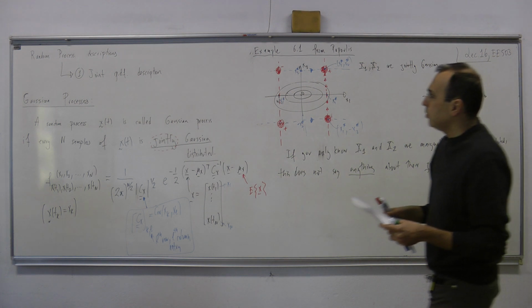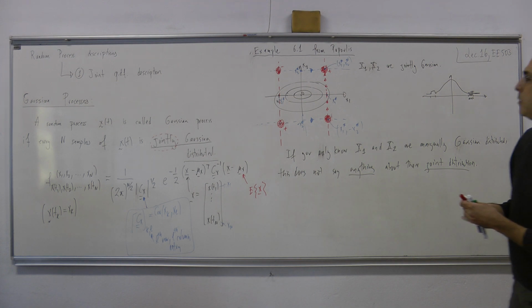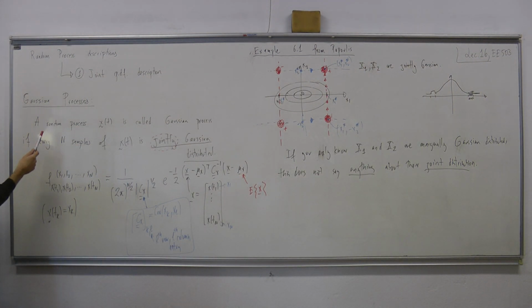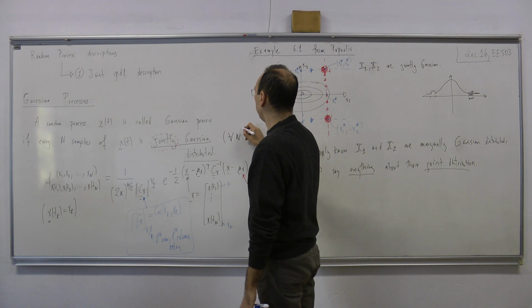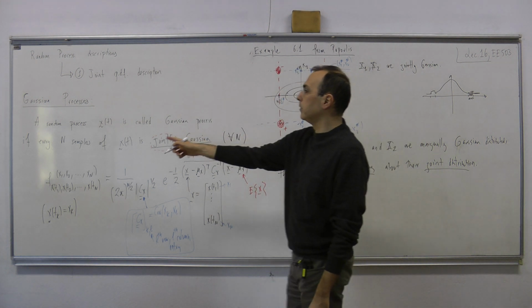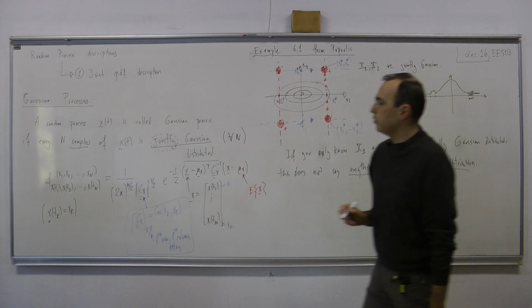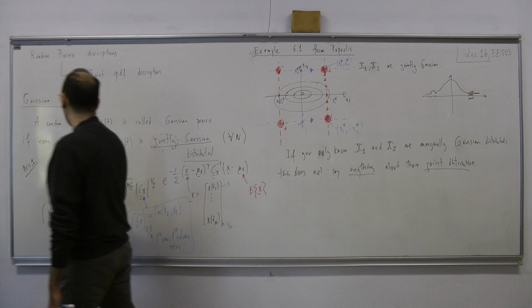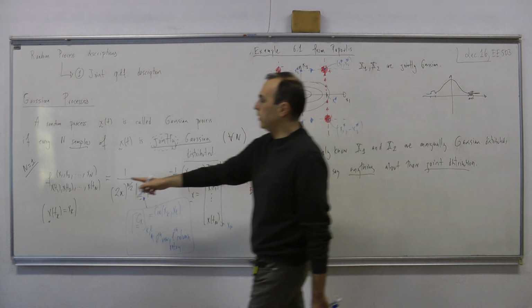Okay, so we have given this definition, but let me give one more. A random process x(t) is called Gaussian if every n samples of x(t) are jointly Gaussian distributed. This should be for all n and for all samples. So for n equal to 1, I have only the x1 distribution. x1 should be Gaussian, but for all t.